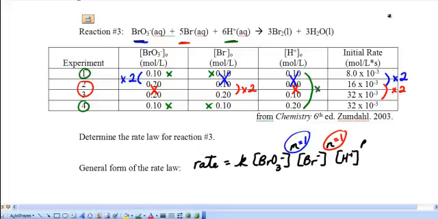So, if this multiplies by 2, what happens to the rate as you go from experiment 1 to experiment 4? It goes from 8 up to 32. So that's multiplying by 4. So it's quadrupling. So when the concentration doubles and the rate quadruples, that is second order with respect to the hydrogen.